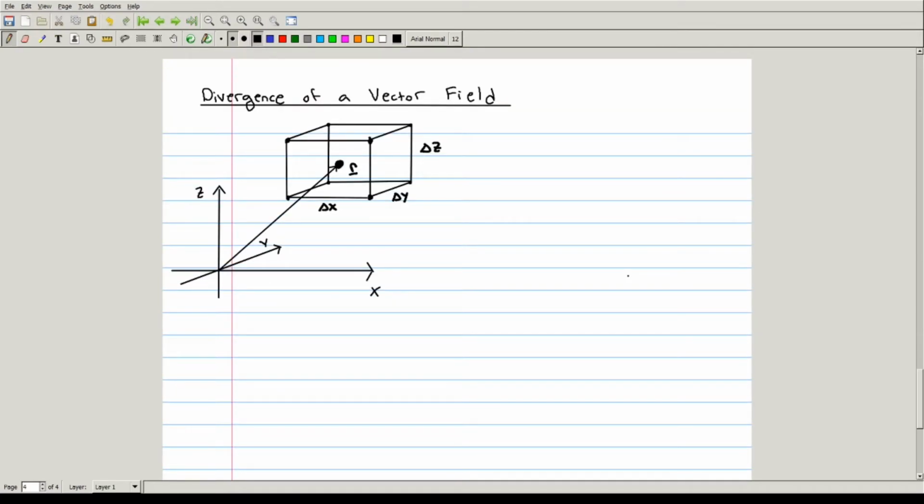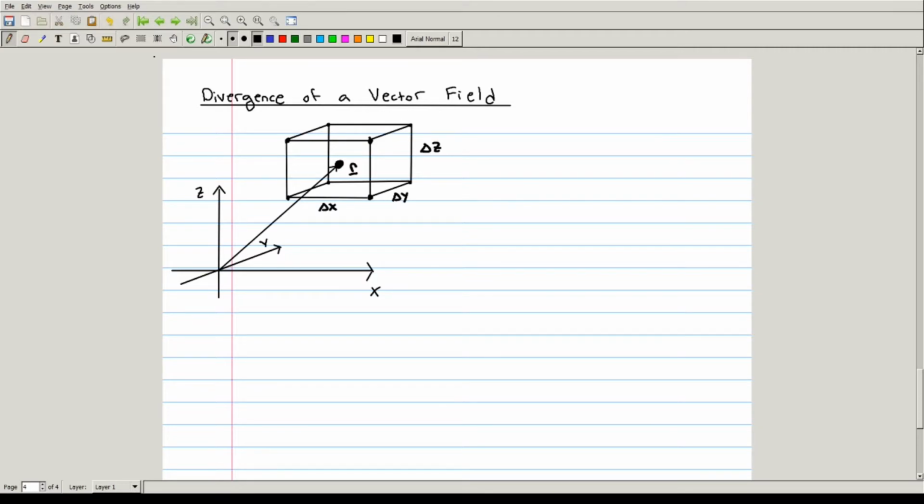So to define the divergence, what we'll do is consider this picture right here. We're going to go through and give some motivation for why the divergence is defined the way that it is. And in order to do that, it'll be very convenient to apply some physical language here and actually consider a very physical example.